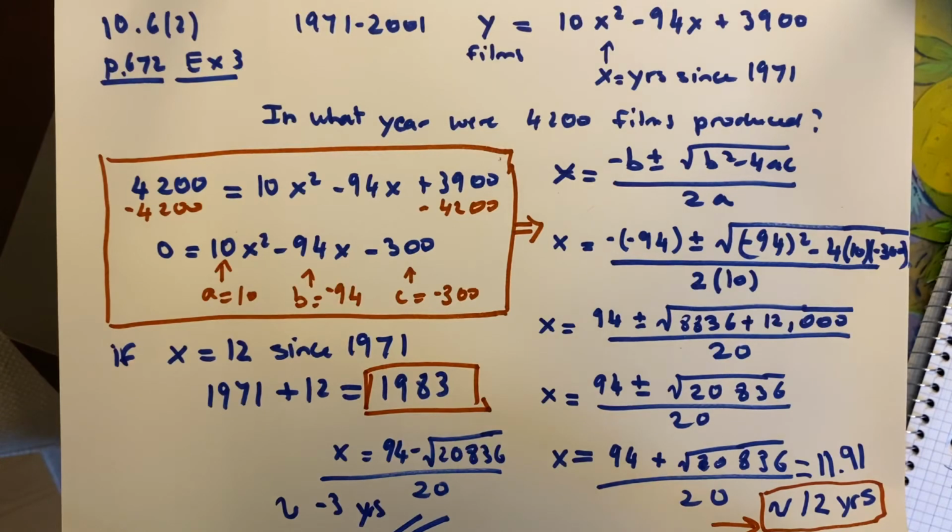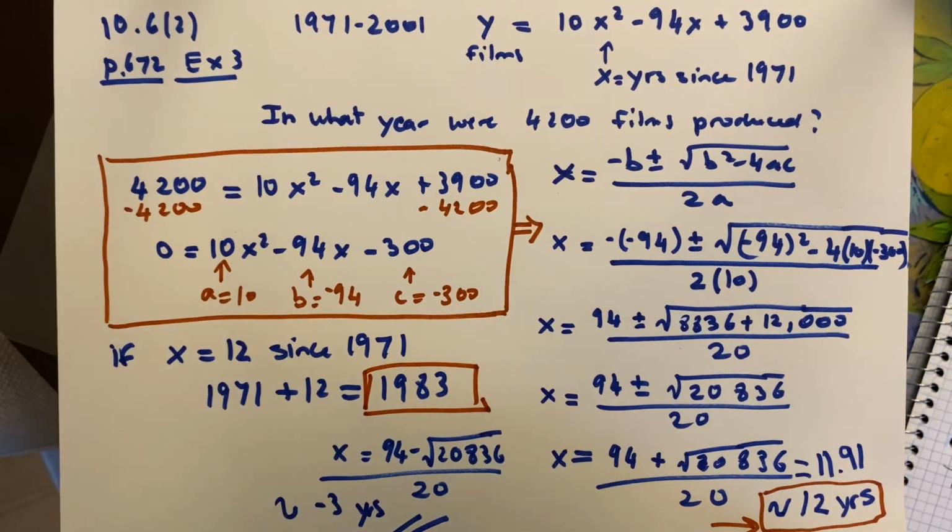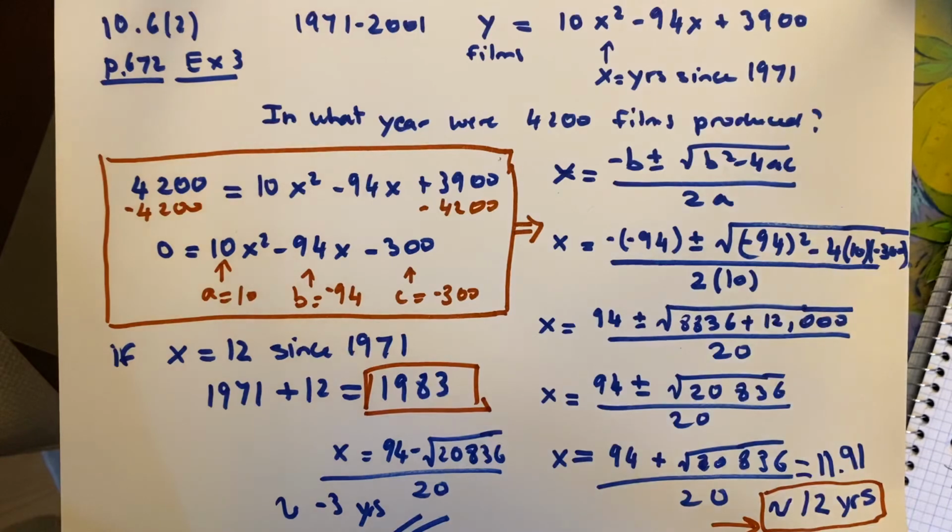All right, that's the first half of 10.6 part 2. I'm going to go on in the next slide and give you example 4 and sort of a summary to make decisions for solving quadratic functions.